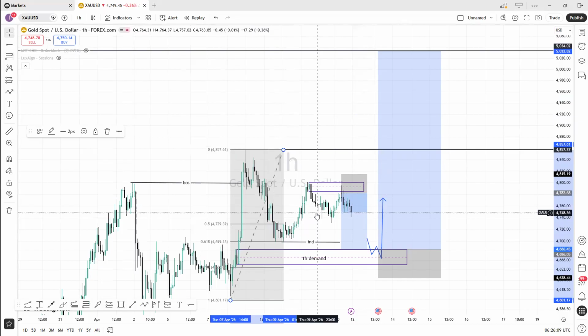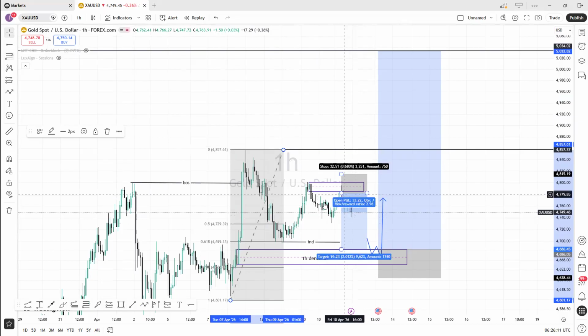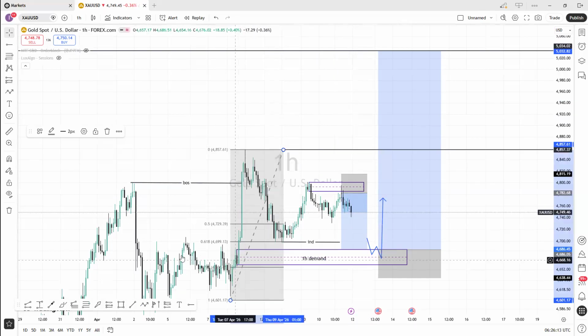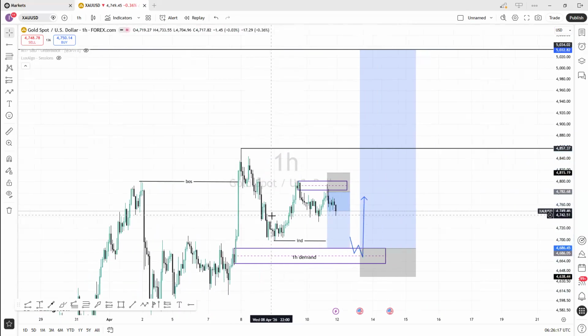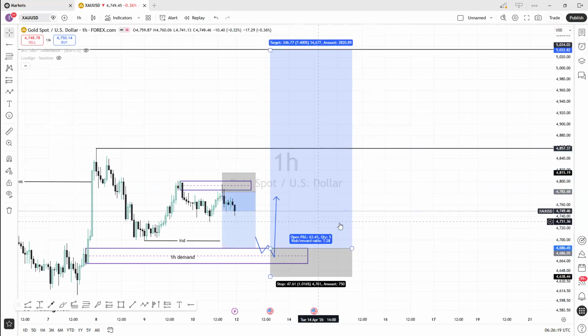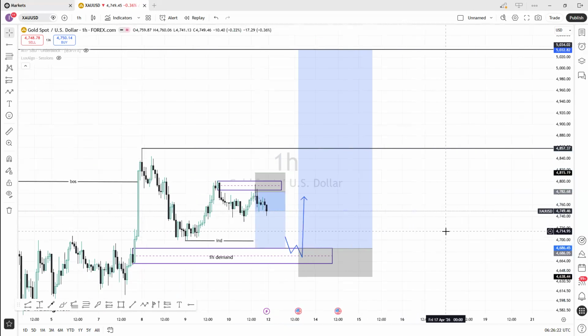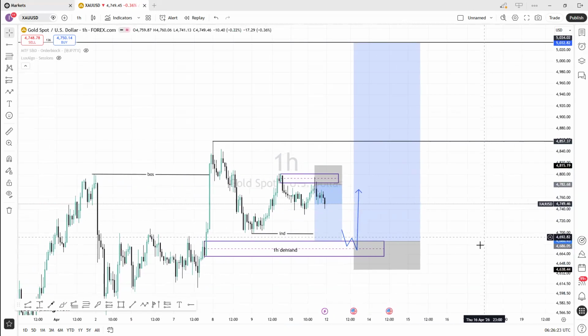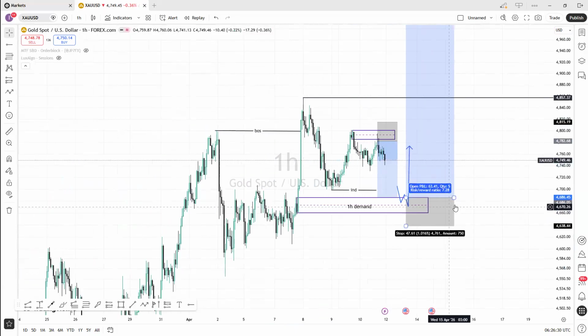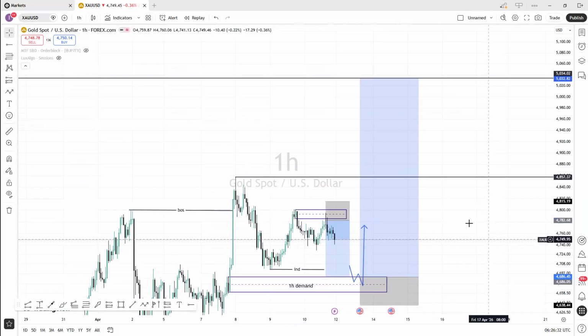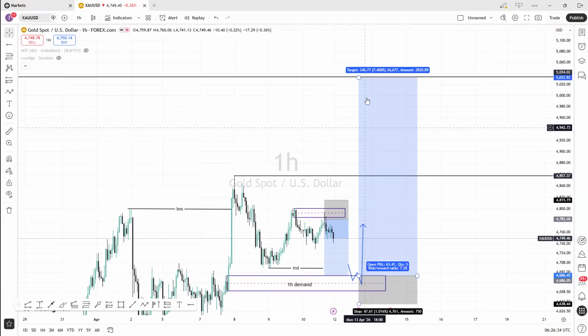So the bias is bullish. If price opens with a gap, wait for mitigation of the gap, and then continue with the uptrend. But for now, if there is no uncertainty issue, we have to wait for mitigation of that demand, and then hold buys from that area.